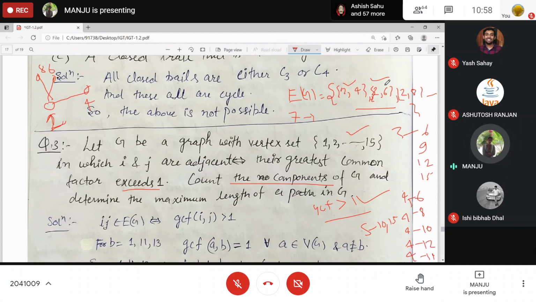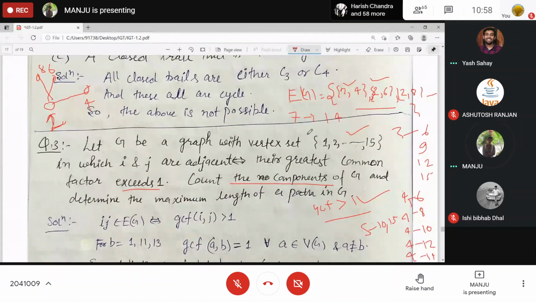These all will be adjacent, right? Because the greatest common factor is at least 2, that is greater than 1. 7 will be adjacent with, or will it be isolated? Adjacent with 14.